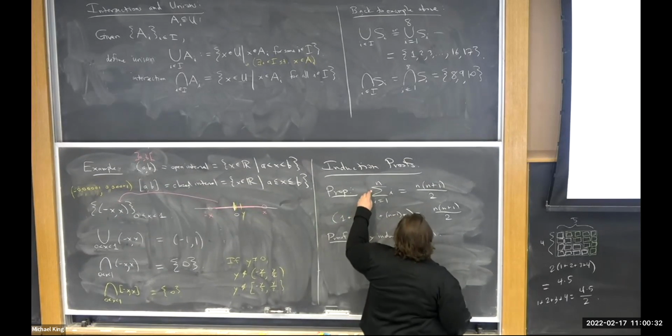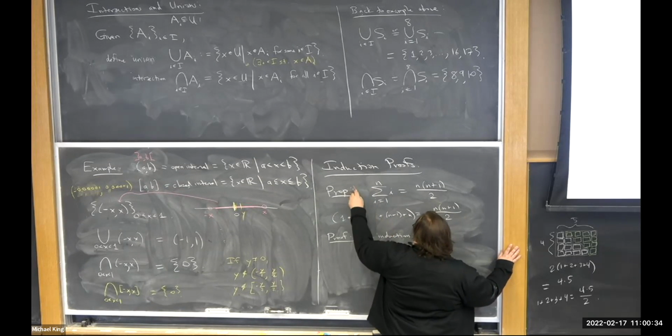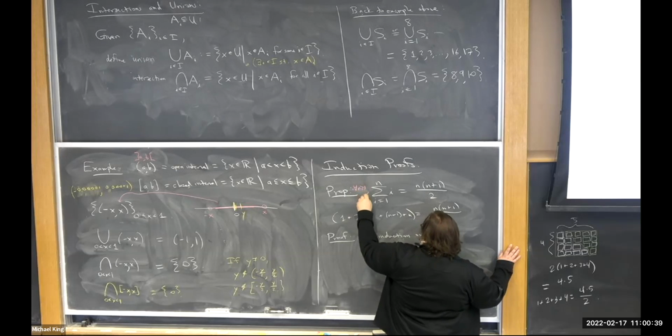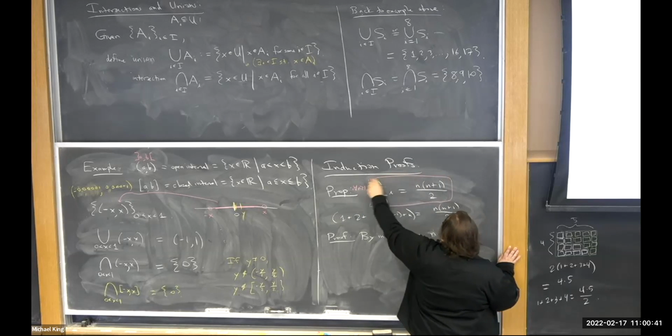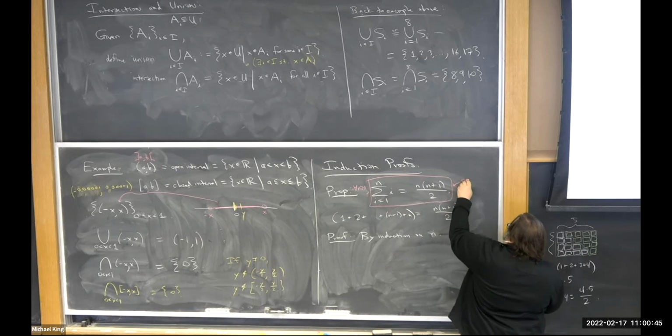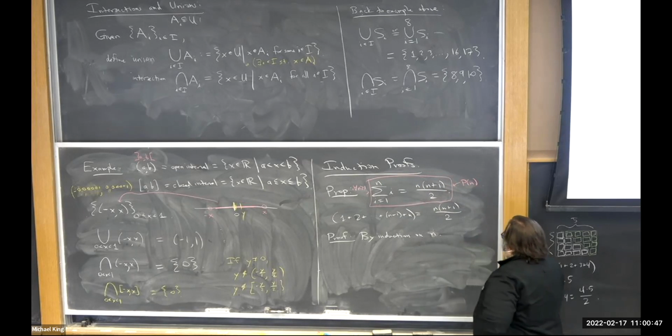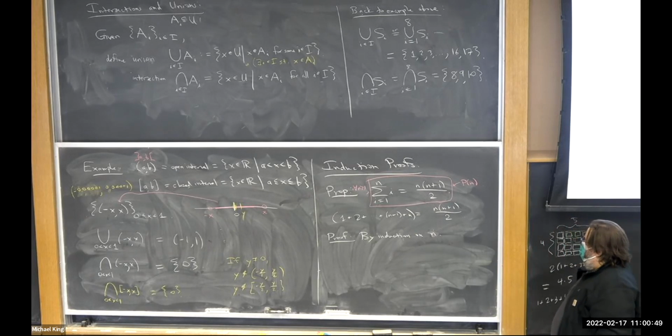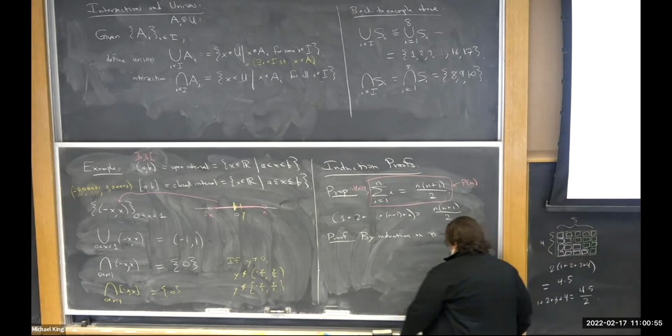Let's call this statement, I guess I should have said for all n greater than or equal to 1, right? And then this is our P of n. So we want to show that that's true for all n. It even works for 1, doesn't it? Yeah, 1 is 1 times 2 over 2.